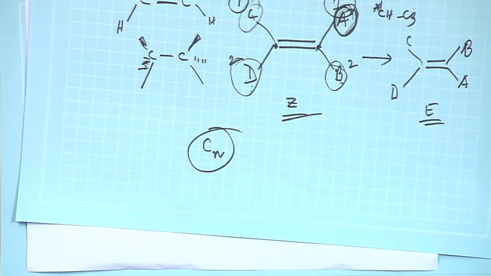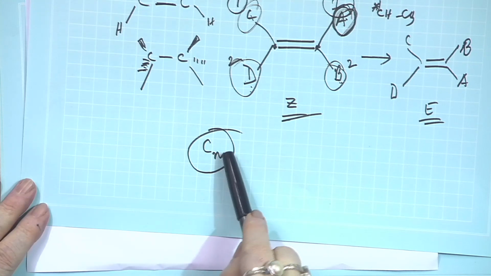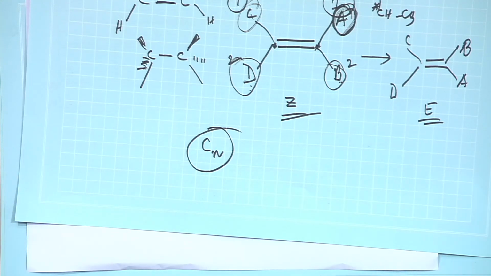Like if there are some molecules which are called Cn, Cn is a point group. That means it has only an n-fold simple axis of symmetry, okay, nothing else.